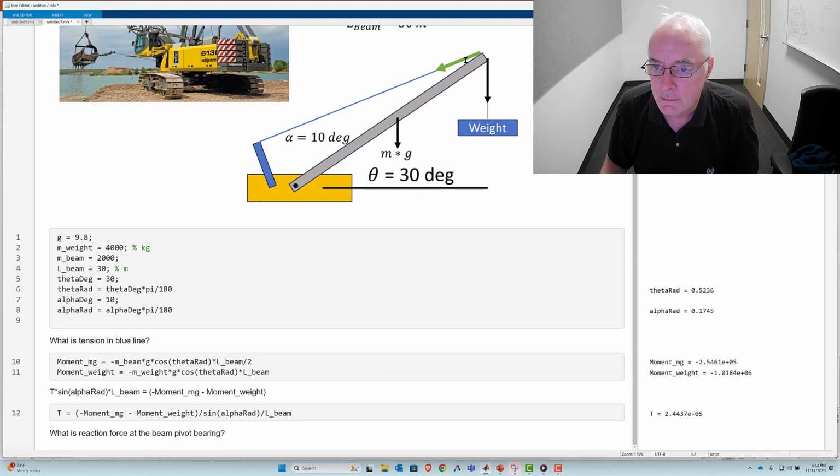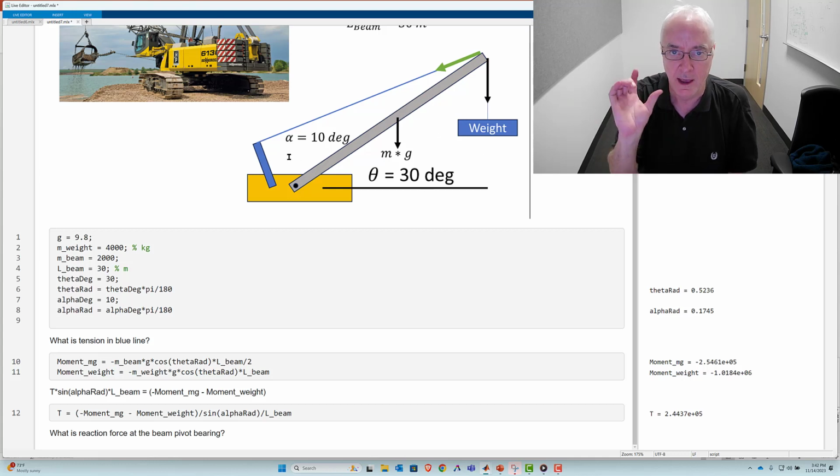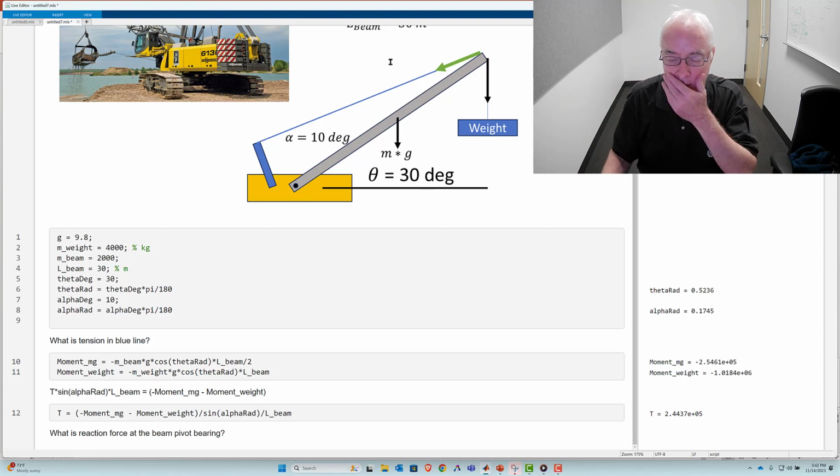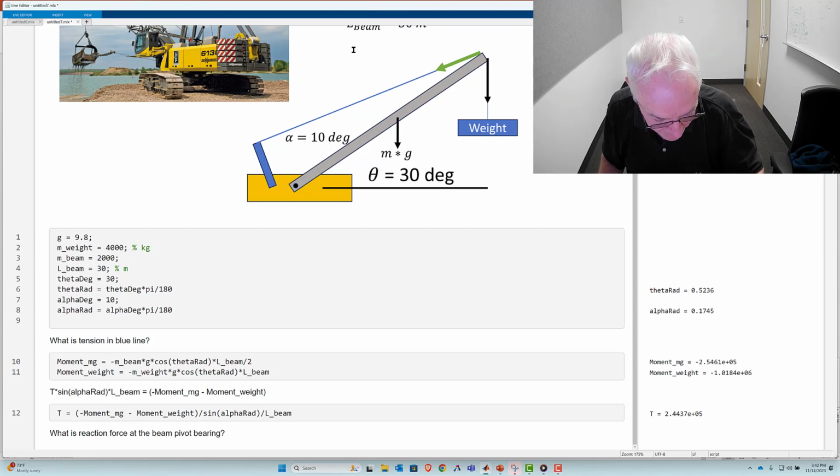You can see that mg and weight are both in the y direction, so this will be part of the calculation for the y component. And it's really only this tension that has both x and y components. I'll use this little trick again too.